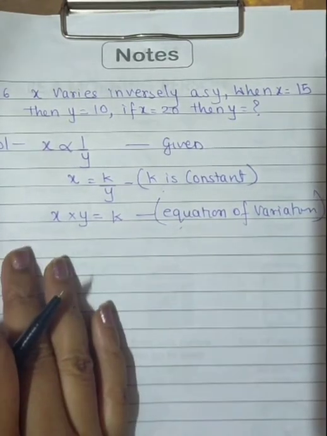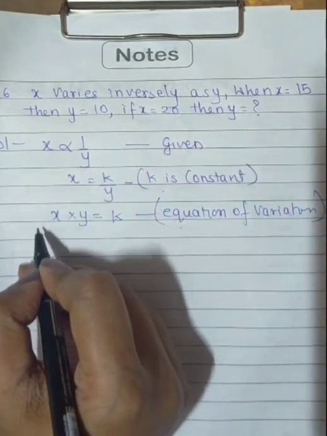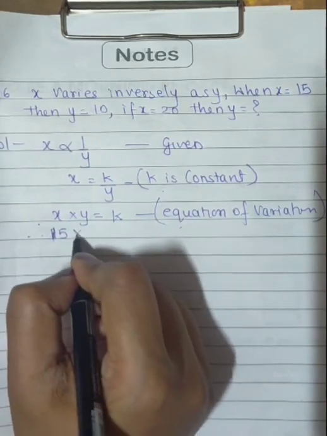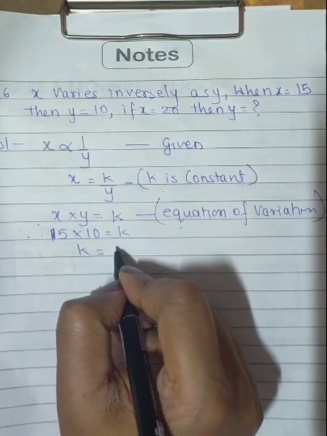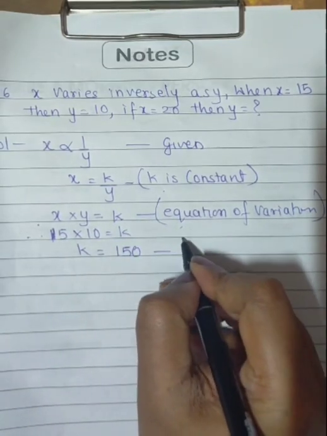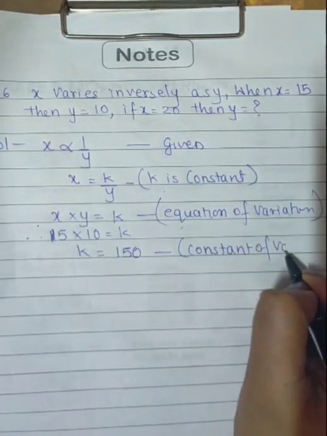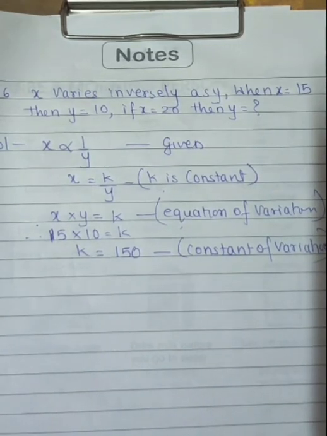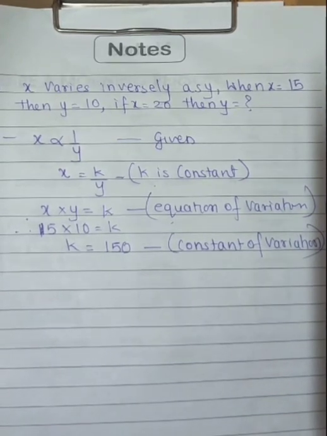Now next, what is given? x is given 15, therefore 15 × 10 = k. Here k is 150. It's the constant of variation.